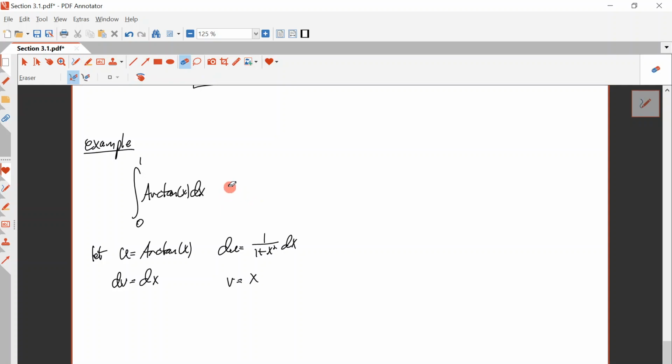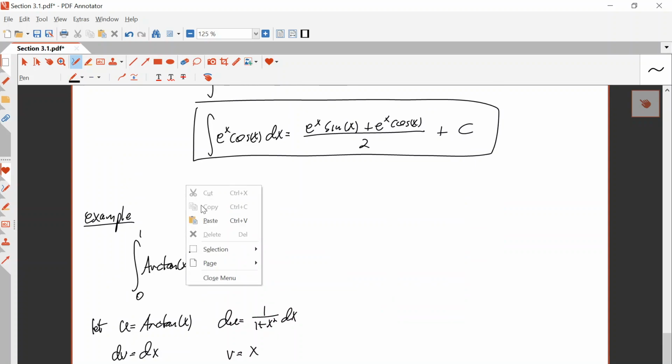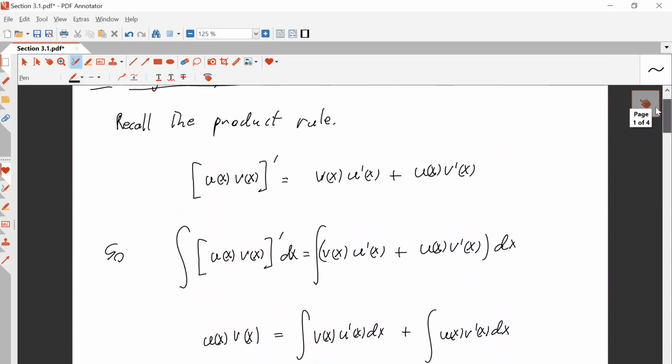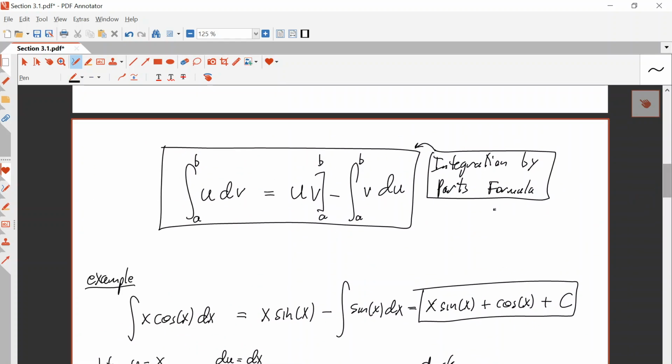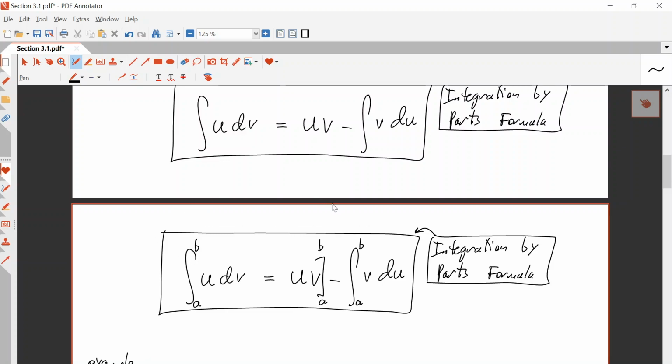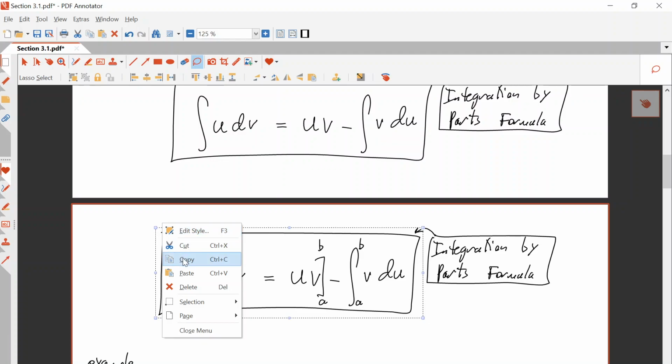So the integration by parts formula, where did it go? Here we're doing the integral from a to b using integration by parts, rather than the antiderivative.